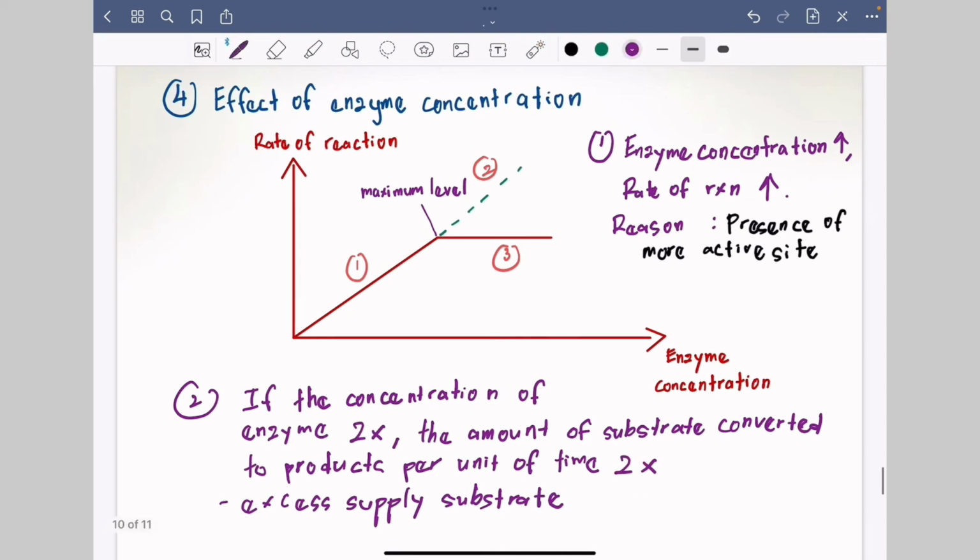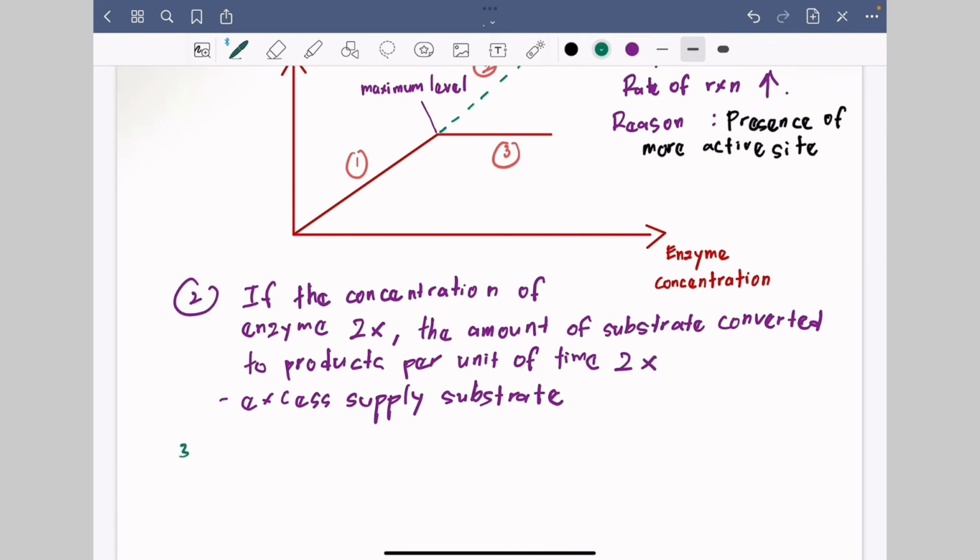And then the third point, at the maximum rate, the limiting factor comes into place.